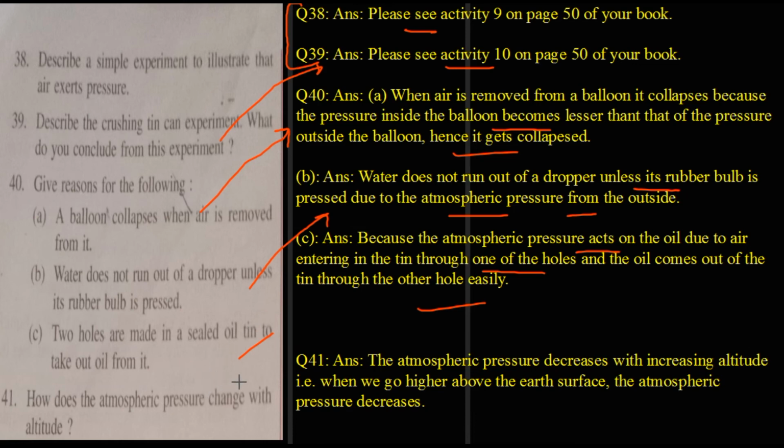Question 41 is how does atmospheric pressure change with altitude? The atmospheric pressure decreases with increasing altitude, or altitude is also called height, right? Whenever we go higher above the earth's surface, the atmospheric pressure decreases, right students?